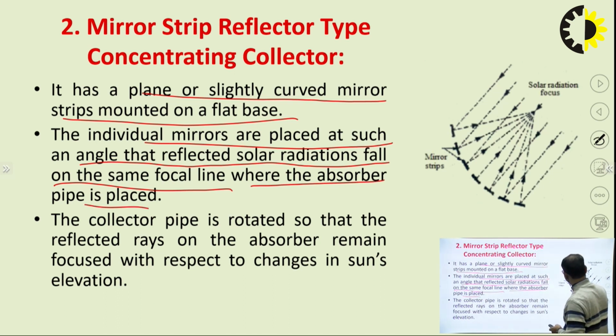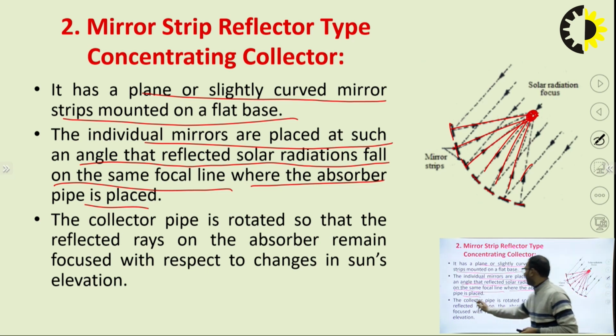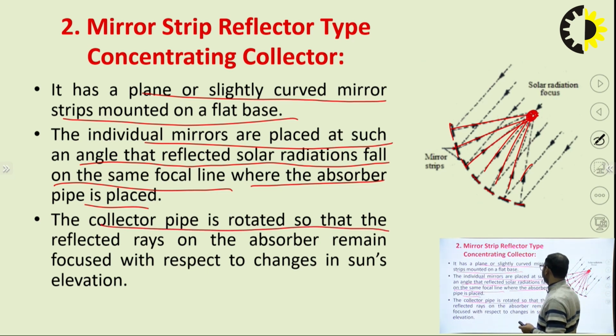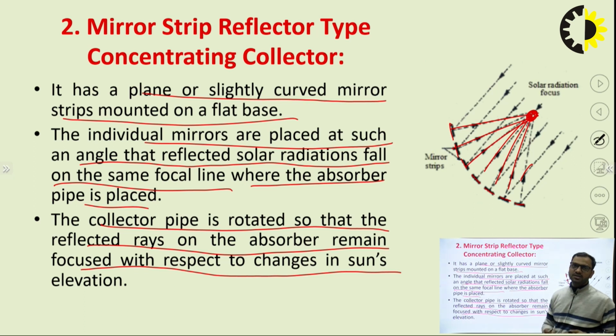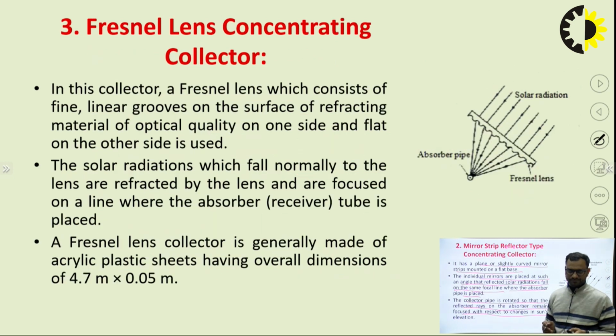So this is the mirror strip, and all the mirror strips focus the reflected rays at this point. The collector pipe is rotated so that the reflected rays on the absorber remain focused with respect to changes in sun elevation. So this is the mirror strip reflector.